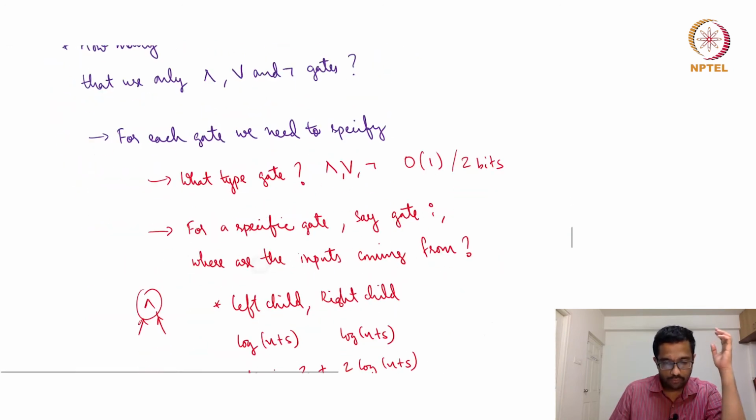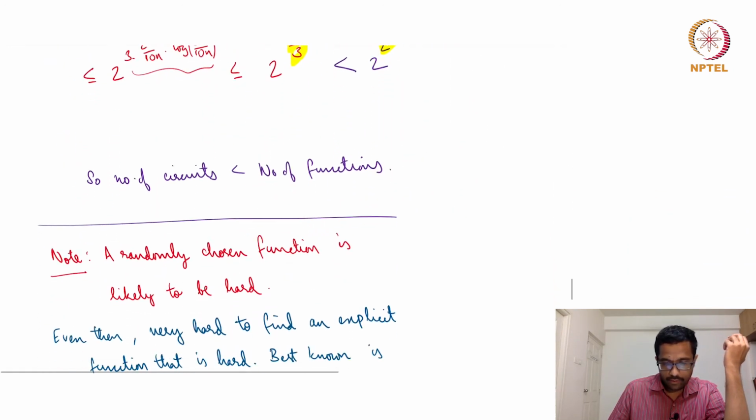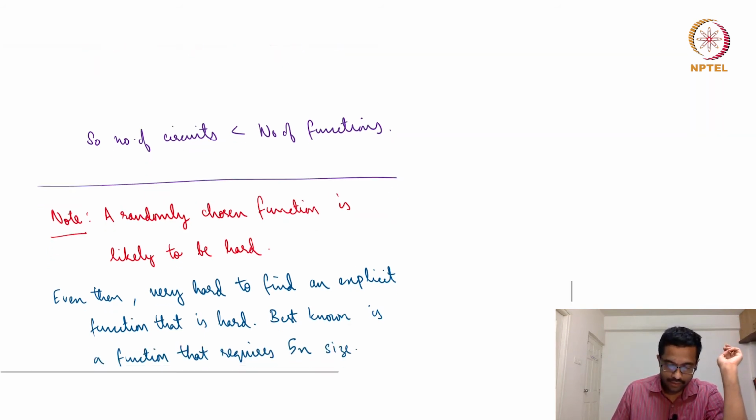Because the number of circuits of this size is very small. So the number of functions that have a circuit of this size will also be small. So a random function that you choose is very likely to require a circuit of a bigger size, right.